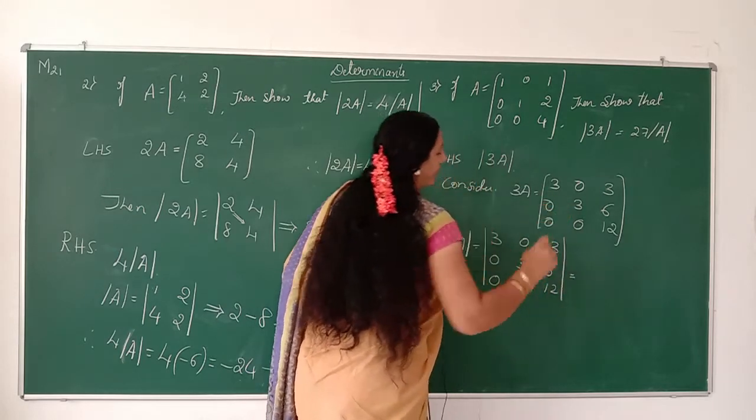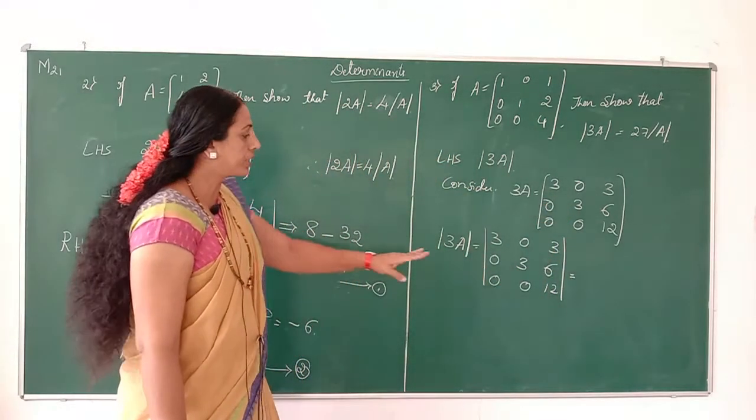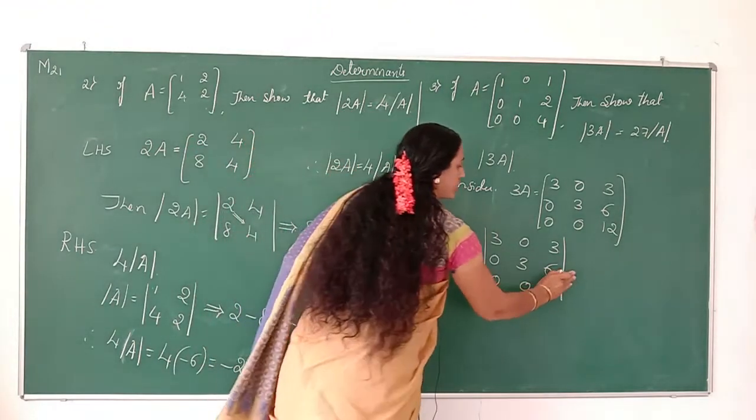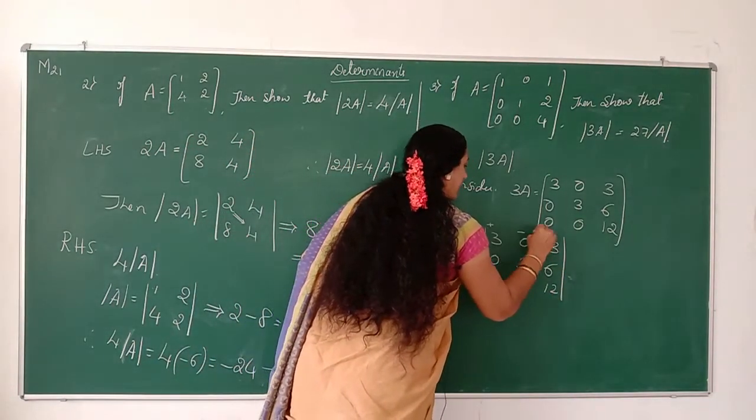So we simplify using the rule for a 3 cross 3 determinant. First we put the signs on the first row.